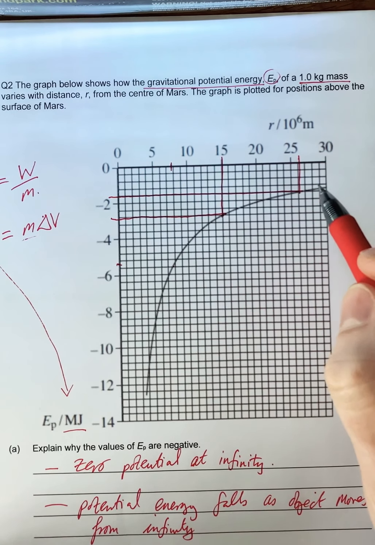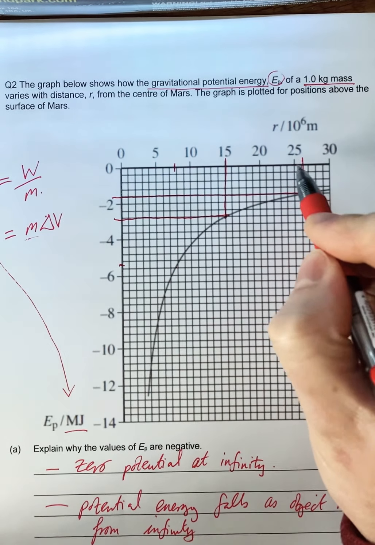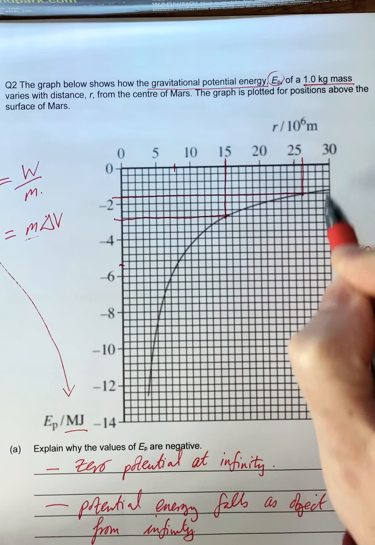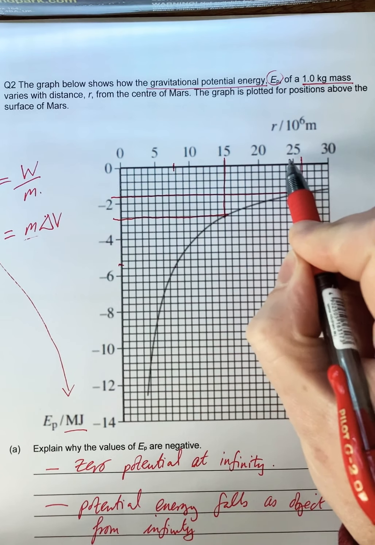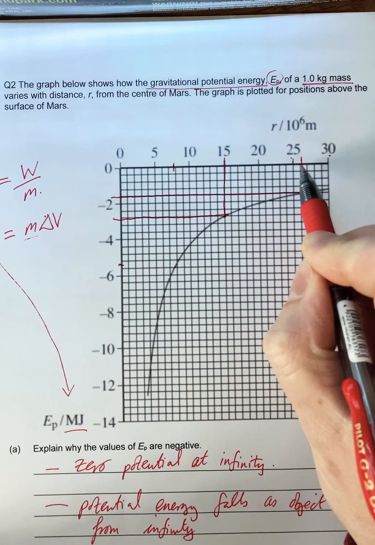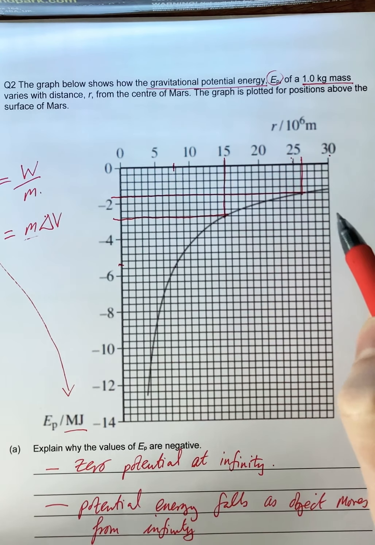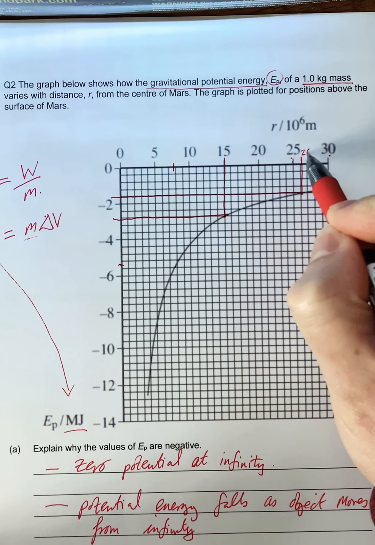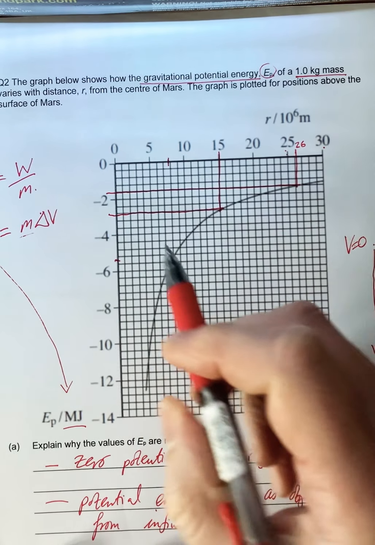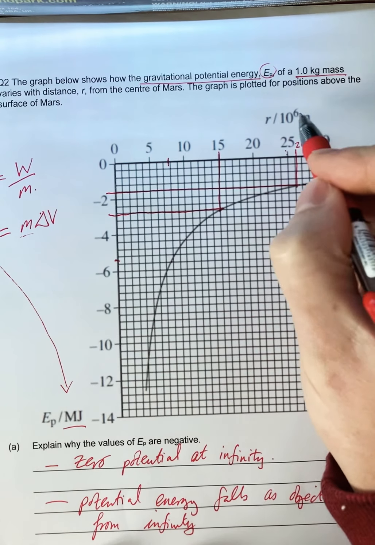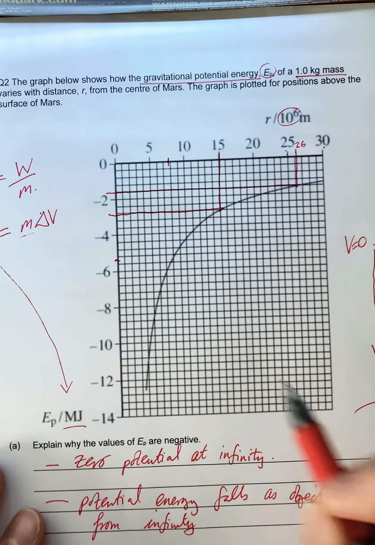Right, so which value should I pick then? Firstly we need to work out what the scale is between the values that are written. This is 25, this is 30, and there's 5 in between, so it's going up in 1 times 10 to the 6 meters, so this would be 26. So r is 26 times 10 to the 6 meters. Please note the scale.